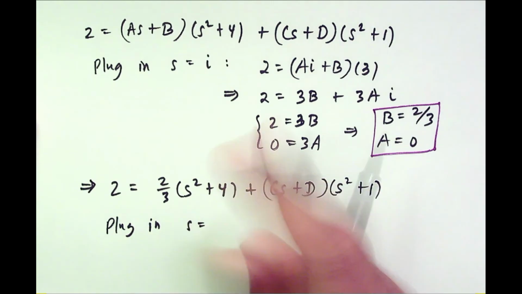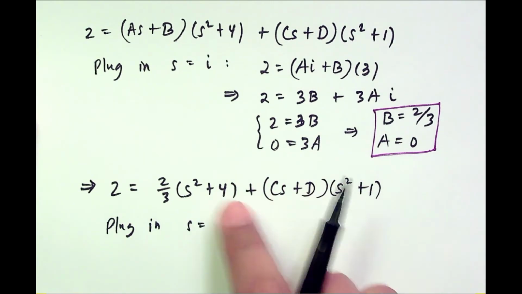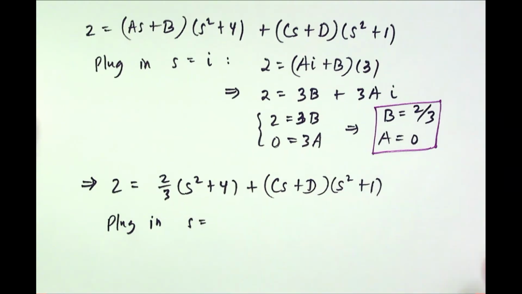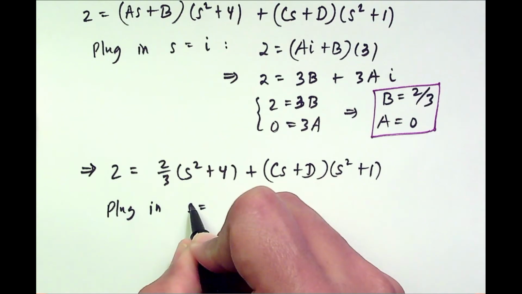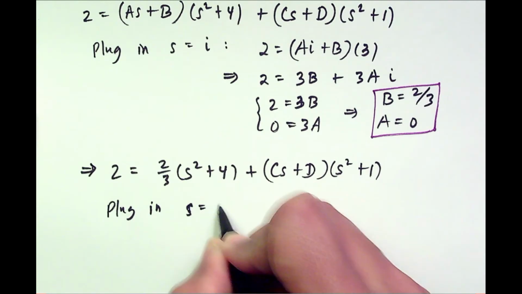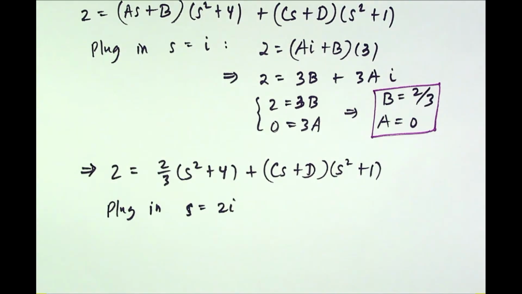So now we're going to plug in s equals, let's say, we want to kill this term. That's going to work. So we plug in 2i, because 2i squared gives you 4 times i squared, which is negative 1, so you get negative 4.